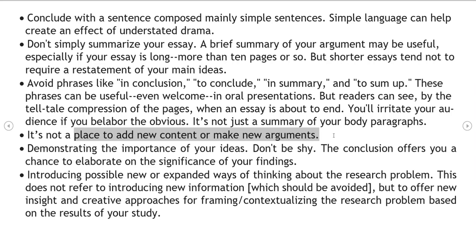You can make comments like, hey, now that you know this, you should go out and learn this, or we haven't talked about this yet, so go read this. But don't add new facts, don't add new statistics, don't add new quotes from people. You really want to focus on your own words, your own language, reiterating, reminding people of what you've said and its importance and what they should do with it.